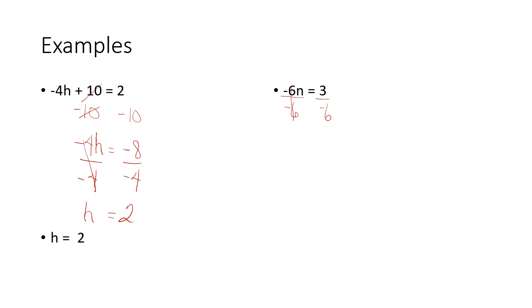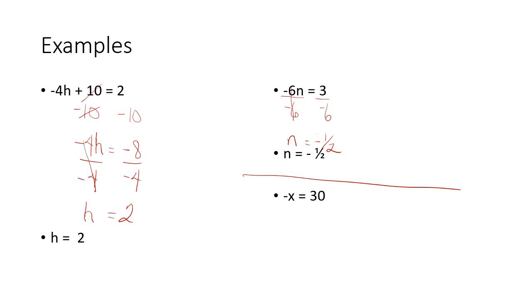That turns into a 1, of course, and it's equal to 3 divided by negative 6, which you just have to simplify. That's a fraction that can be simplified to negative 1/2. If you end up with a fraction, you end up with a fraction. That's okay.